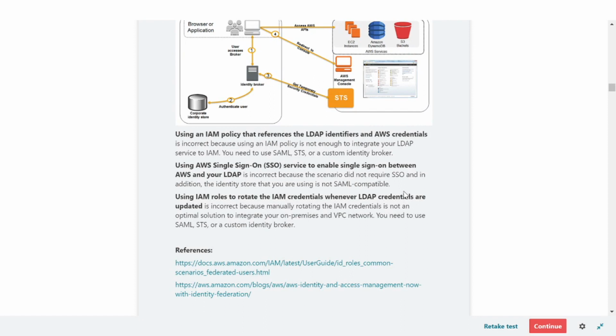Other options: using an IAM policy that refers to the LDAP identifiers and AWS credentials is incorrect because using an IAM policy is not enough to integrate your LDAP service to IAM. You need to use SAML, STS, or a custom identity broker.